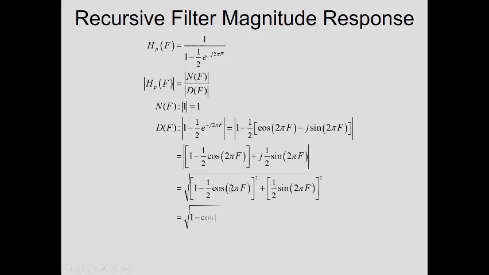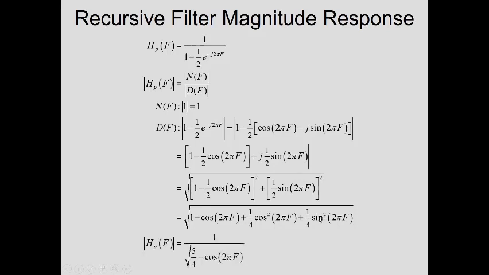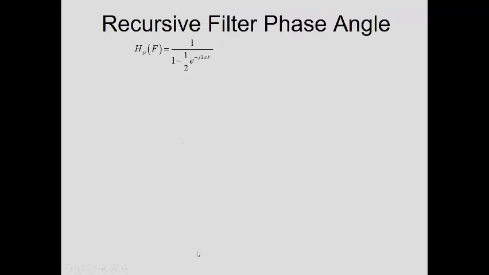FOIL out this square to get 1 minus 2 times 1/2 cosine 2 pi f plus 1/4 cosine squared 2 pi f. Square the sine term, and we get a cosine squared plus sine squared, leaving us just a quarter. Add it to the 1 to get 5/4 minus cosine 2 pi f, with a square root in the denominator and 1 in the numerator. And there's a real valued function of frequency that we can plot for the magnitude response of the system.